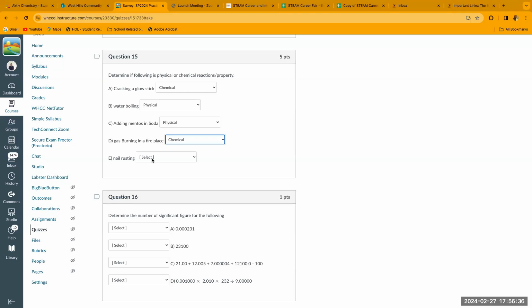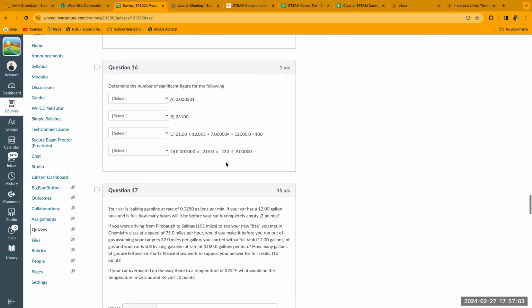Or if you're able to get the components back. Okay. So a rusty nail, can we make a rusty nail like a brand new nail without filing it off? We can't, right? So then would it be a chemical or physical reaction? Chemical. That's right.